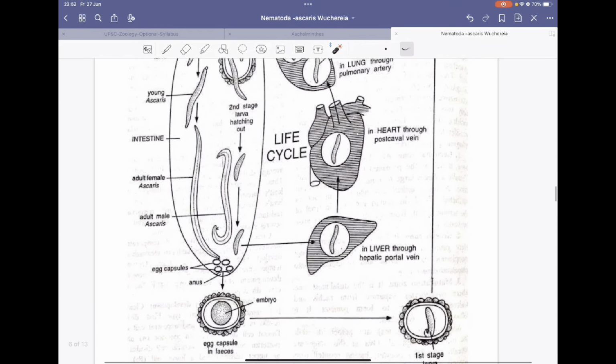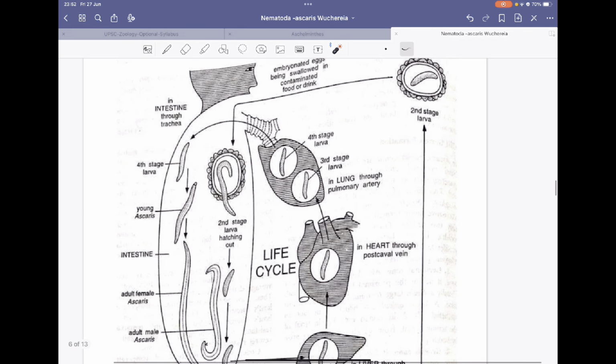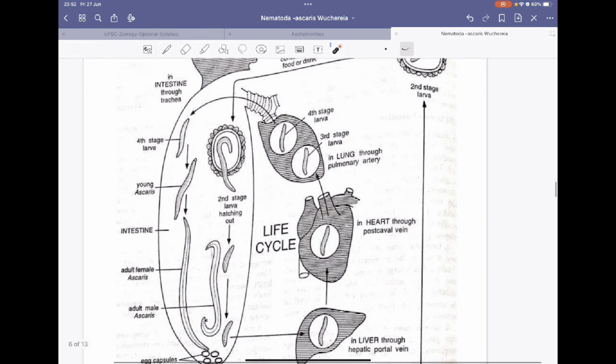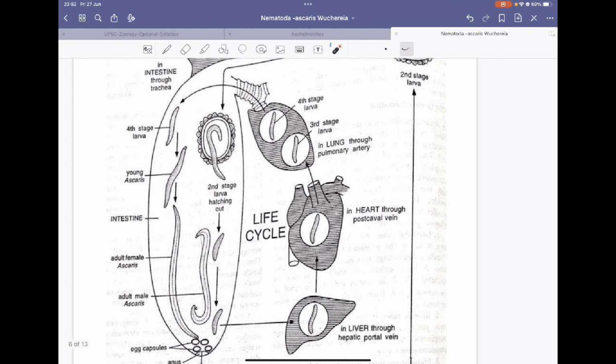Now we will see how the life cycle is carried out. This second larval stage remains free in the environment. Whenever an individual takes in contaminated food, drink or water, and it comes into the body, this second larval stage will hatch out of the egg.